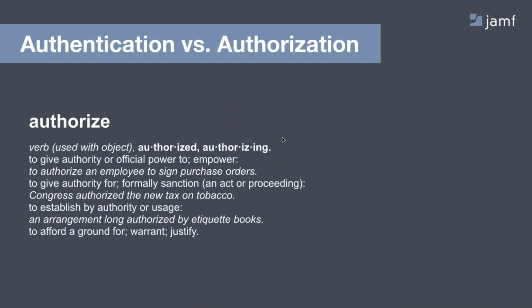Authorization is once you've proven who you are, that may give you certain rights and abilities. So in a particular example here, if I sign in to the login window at the Mac, that's a form of authentication, providing a username and password, and the Mac itself is authenticating me as a specific user. However, that doesn't necessarily mean that I can do admin actions or not.